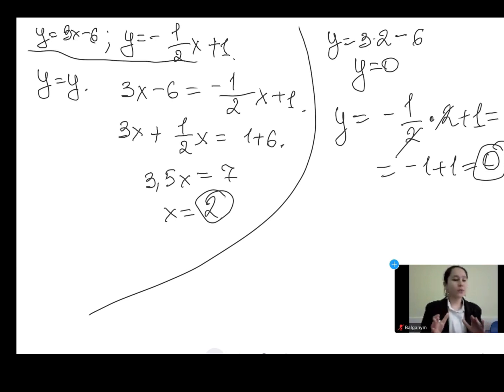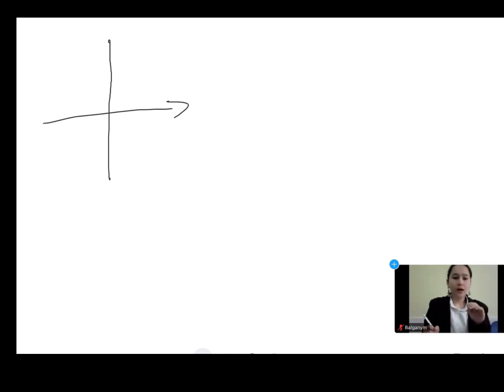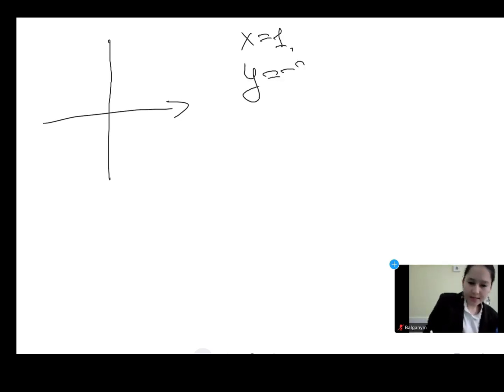Now let's represent it in the coordinate plane. Let's write here. It's enough for us to find only 2 values of each line in the coordinate plane. Let's put 1 instead of x. X equal to 1, and y is minus 3.